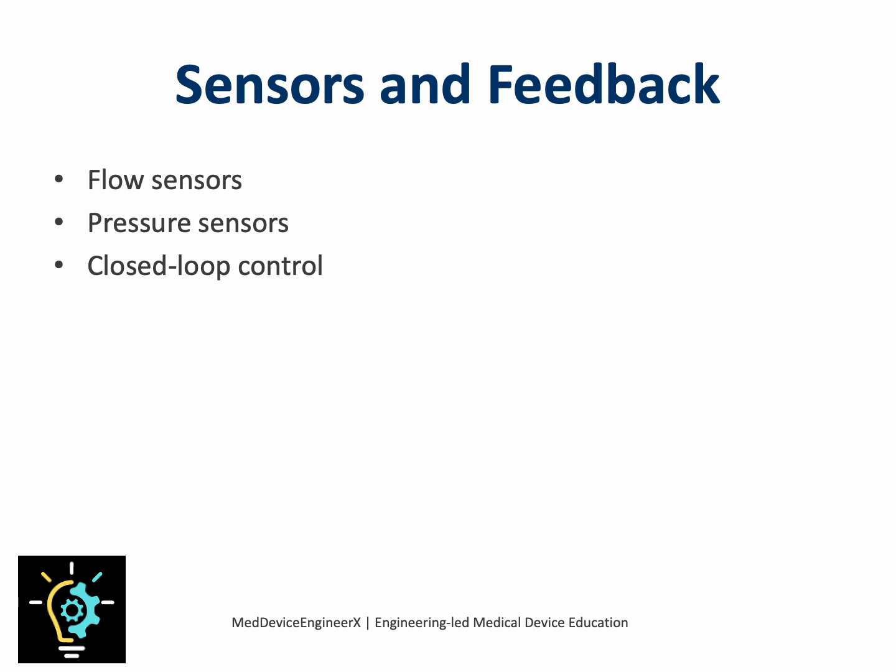Engineers must distinguish between true flow problems and sensor-related issues. Calibration, contamination, or sensor failure can all present as flow abnormalities. Understanding the feedback loop helps engineers avoid unnecessary component replacement and focus on root causes.